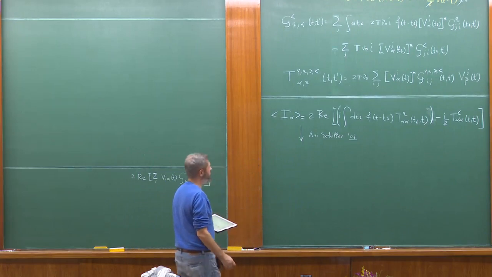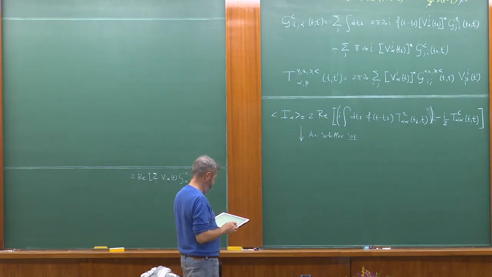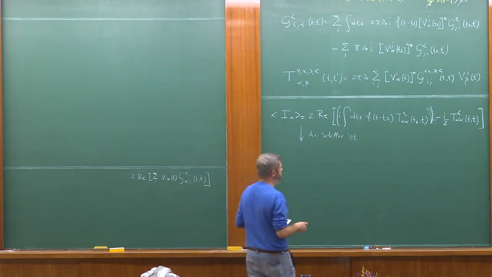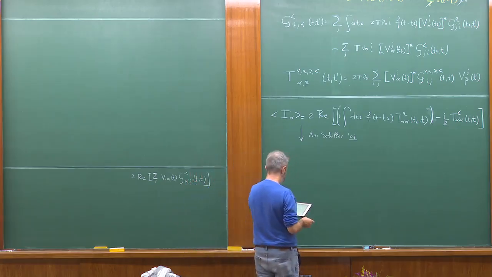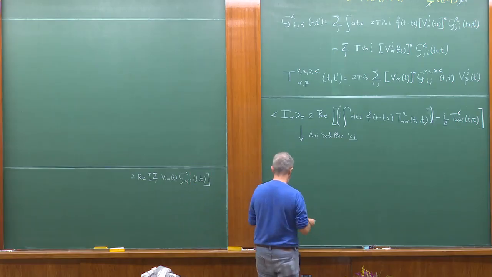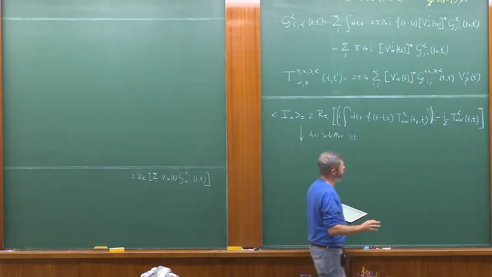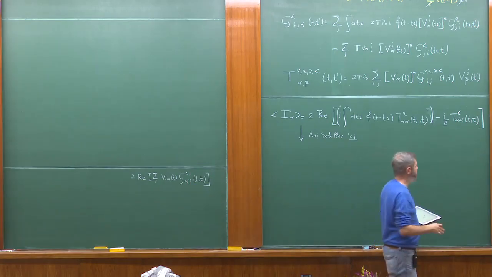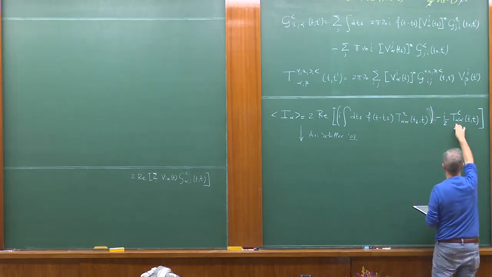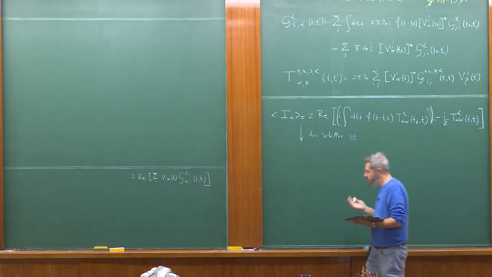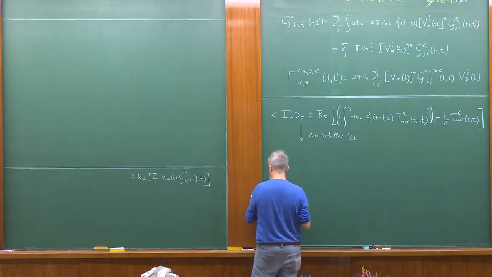Now, the story is the following. Step number one is this. If the system is non-interacting, you don't want to have this T lesser here, because we know that we can get rid of it.